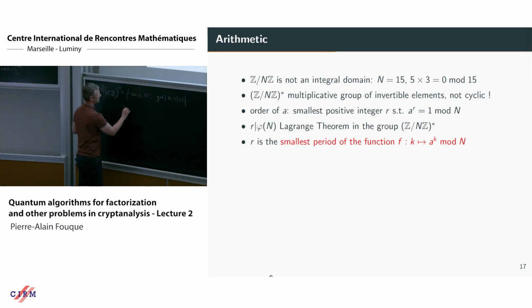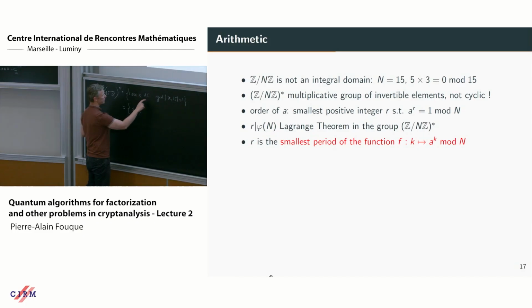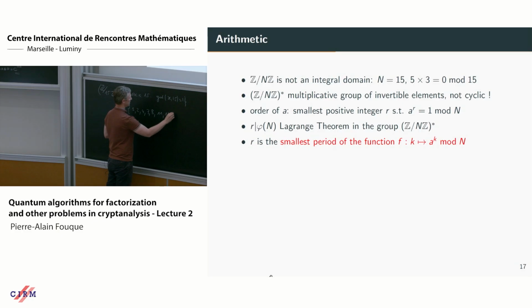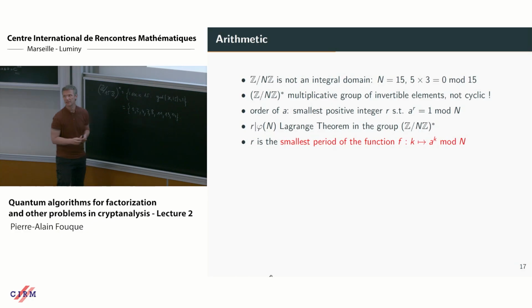So the set contains 1, 2, you don't have 3, you have 4, you don't have 5, you don't have 6 because of 3, you have 7, 8, you don't have 9, neither 10, 11, you don't have 12, 13, and 14. So you have 1, 2, 3, 4, 5, 6, 7, 8 elements in this set.